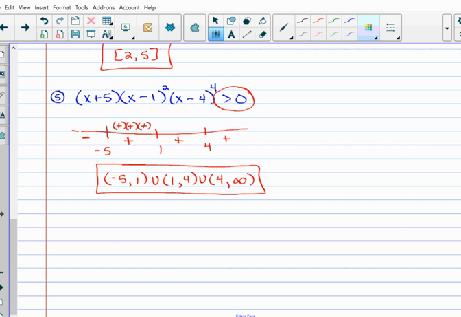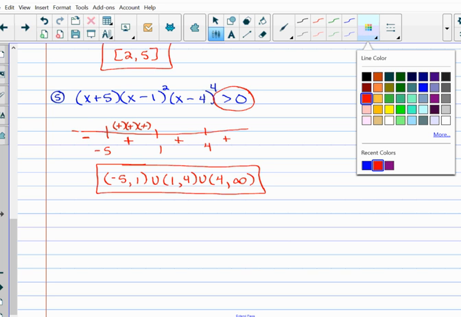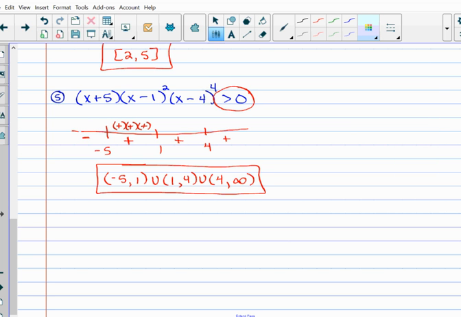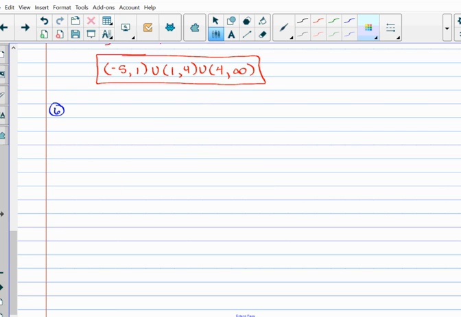How'd we do? Getting there? One more example in the notes. And we're going to do this one together.